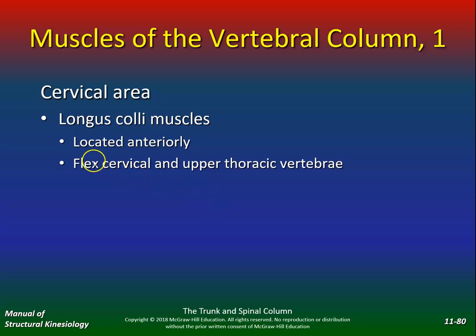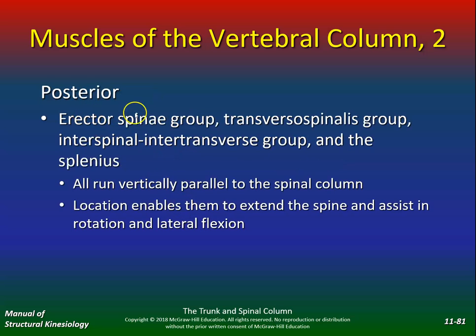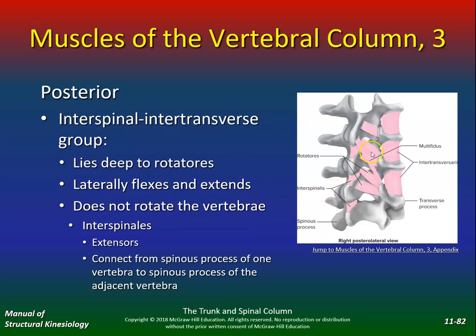Muscles of the vertebral column: in the cervical area you've got longus colli, located anteriorly. Posterior, you've got the erector spinae group, which is the important group, all running vertically parallel to the spinal column. Remember the core exercises I was telling you about on the Swiss ball? These are the ones that stabilize your spine.